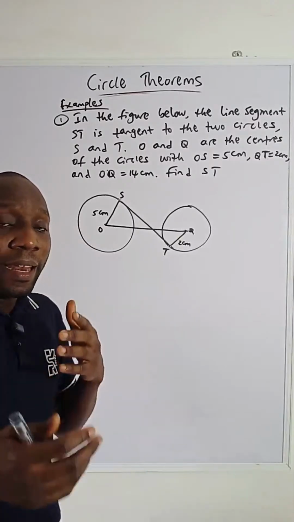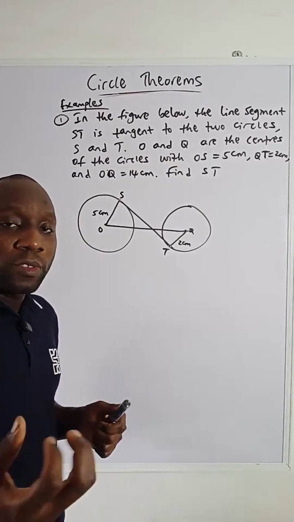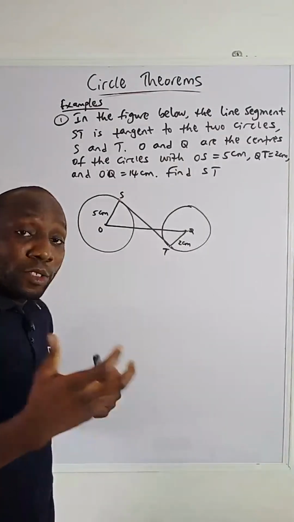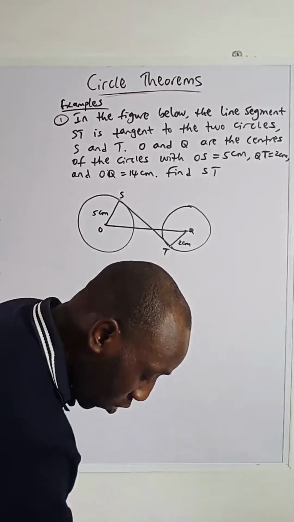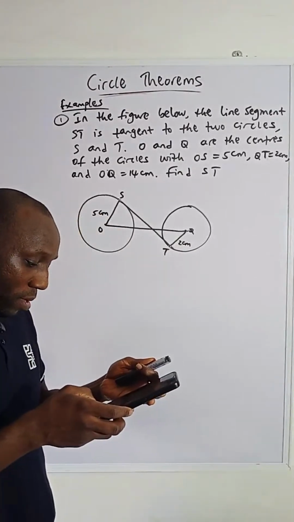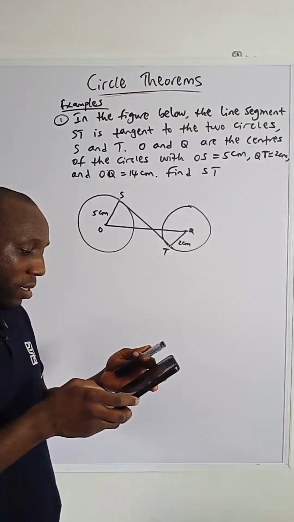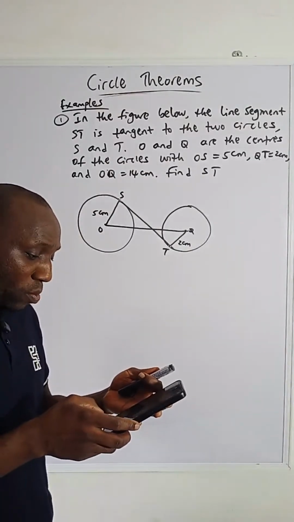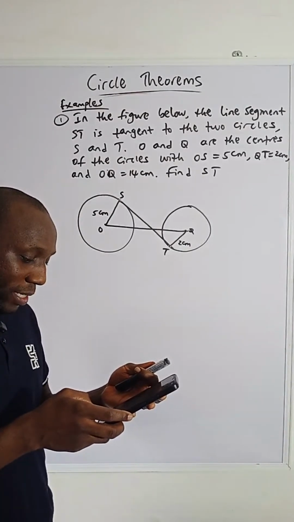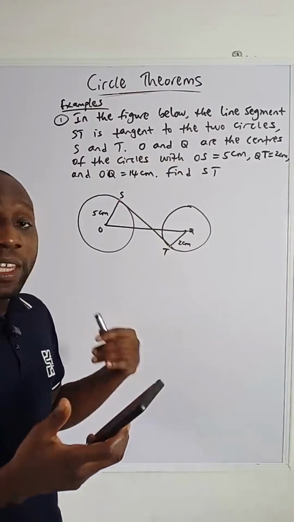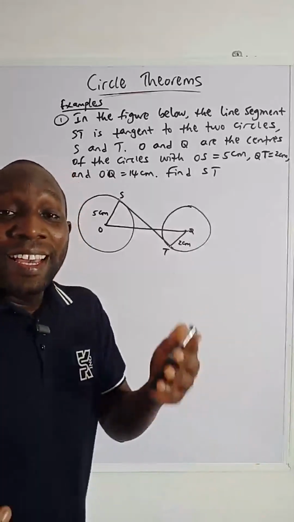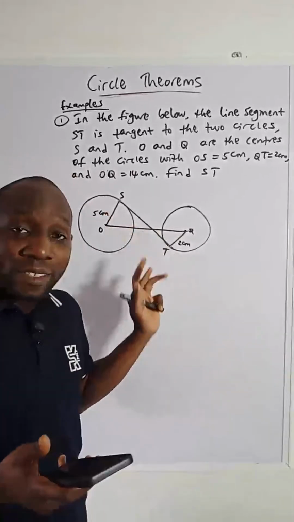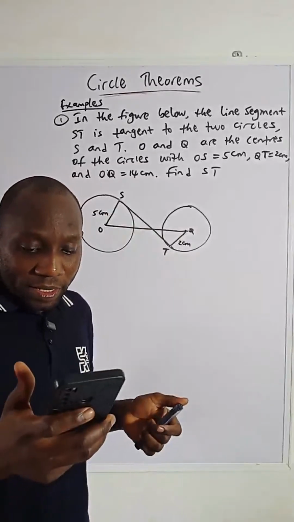In my class, I like interaction. You must participate. I need to know that you're with me. For those of you that have been here, please prove to me that I have done something today. Tell me, what type of tangent is this one? Is it transverse or direct?